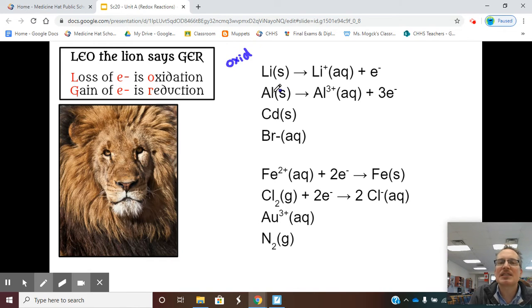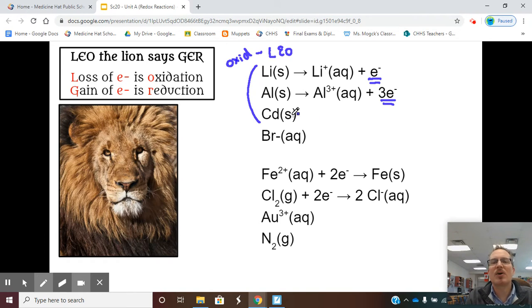I know it's oxidation because remember, Leo, it's losing electrons. Same with this half reaction. Aluminum atom is going to aluminum ion. Ions contain a charge. Since my electrons are on the right-hand side, they are leaving the reaction. Losing electrons means this is oxidation. All four of these are going to be oxidation. These are all going to be the same examples.